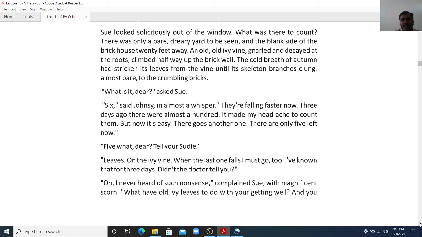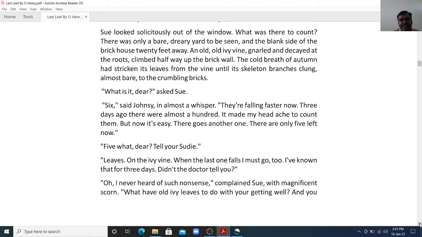The cold breath of autumn had stricken its leaves from the vine until its skeleton branches clung, almost bare, to the crumbling bricks. So the cold breath of the autumn season. Autumn is the season that is going to approach, or with some trees we see the leaves falling, within another twenty or thirty days.